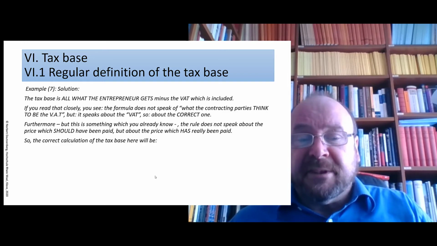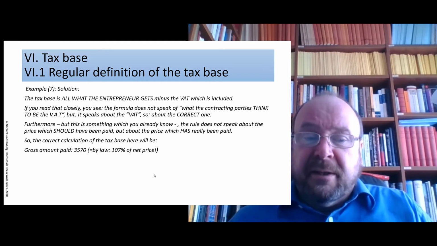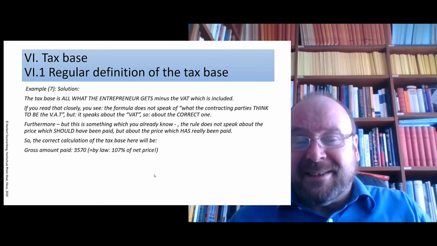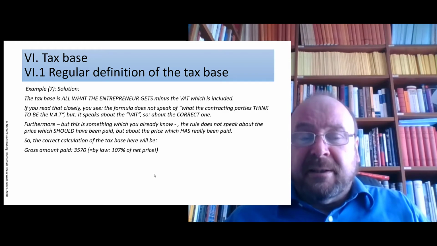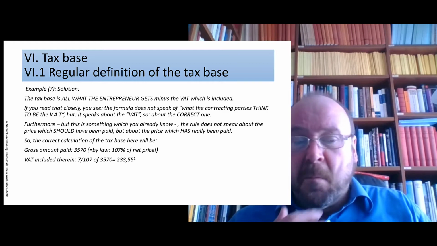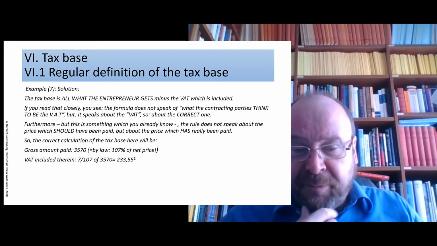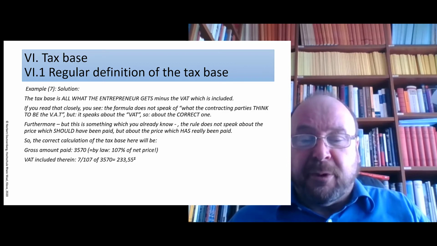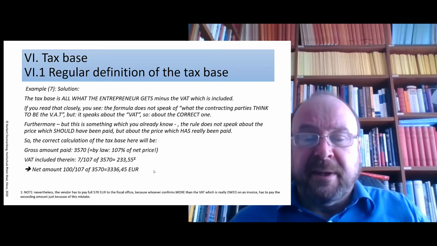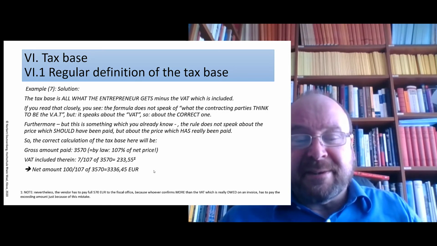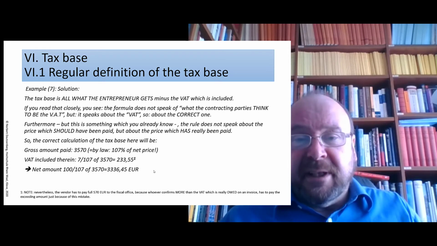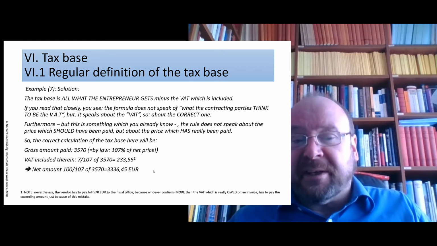So the correct calculation now will be: everything which is paid, 3,570, is the gross price. Now the correct VAT is 7% out of that, so 7 out of 107, this is 233.55, and so that leaves us with a net amount of 3,336.45. So the VAT included in the price is always the correct one.